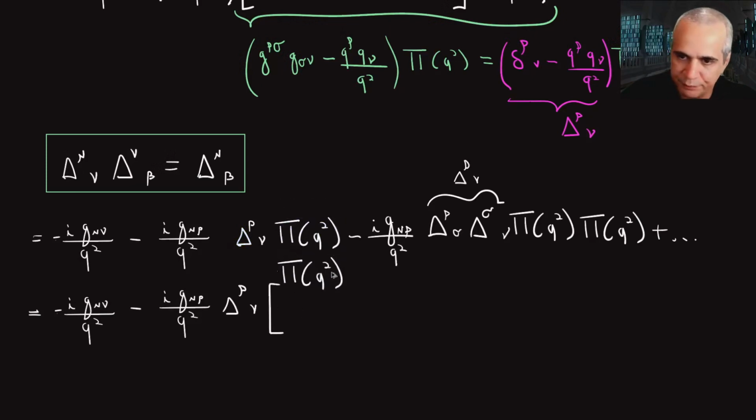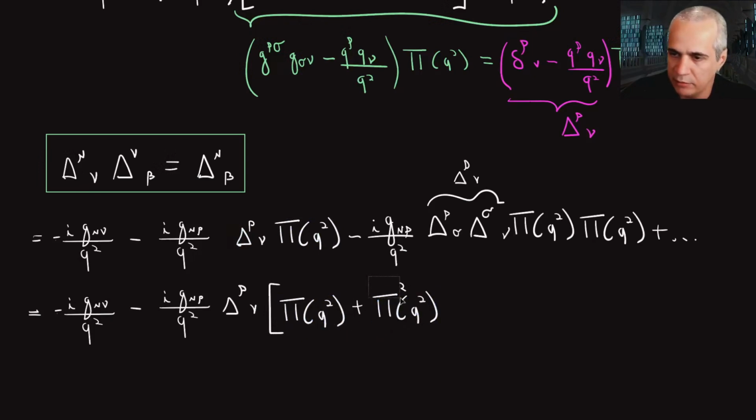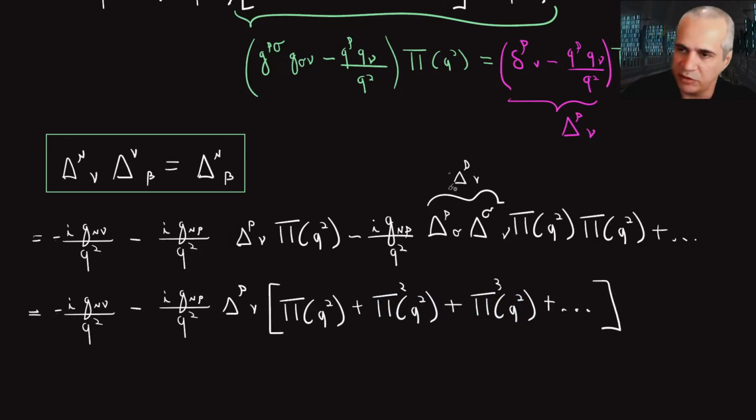It will be this plus pi squared plus pi cubed, right? It simplifies a lot because this operator is idempotent, right? It comes out of the series. And of course, this is just a geometric series, right?